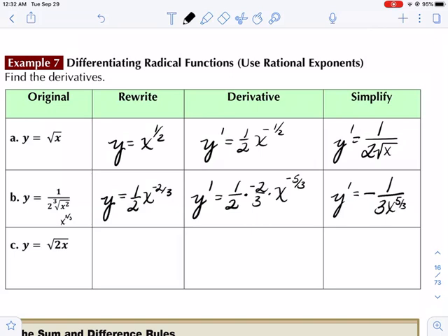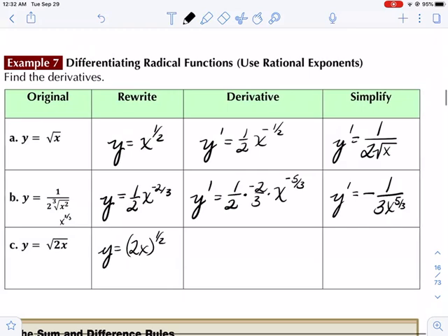And then for the last one, C, I would rewrite the whole expression as a power to the 1/2. So it'll be 2x, the quantity, to the 1/2 power. And then that's going to be the square root of 2 times x to the 1/2 power. So now I'm going to do the derivative.